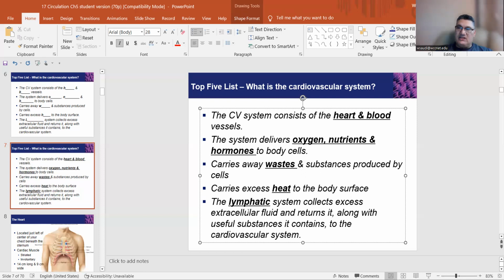Since it's outside of these cells, we call it extracellular fluid. There is an extra amount. Not all of it will return back. Some of it will stay in between the cells. Do you mean stay, like stay? No. It will stay temporarily until it goes to the lymphatic system to be cleaned. After it's cleaned by the lymphatic system, it will return back to the heart anyway. So that's okay.